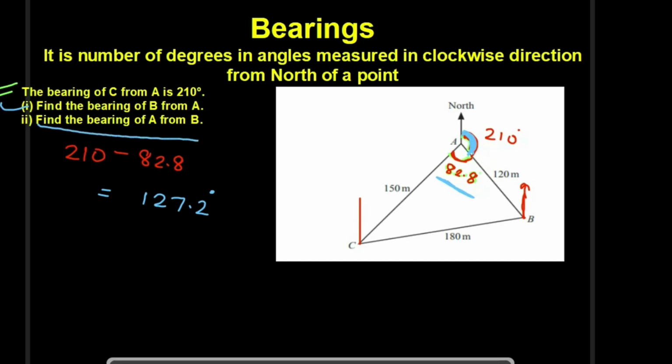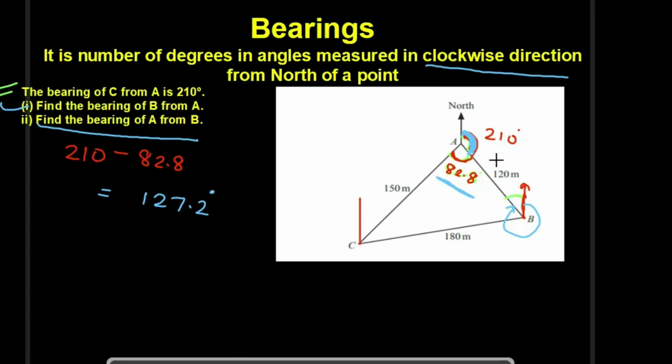Now next one, the bearing of A from B. So direction of A from B is nothing but this one. This is our requirement. Always we have to measure in clockwise direction and we have to make a north. Okay, there was no point of taking this one. I thought maybe we have to involve C as well, but no. So this angle we have to identify. How can we identify this angle? Simple thing.